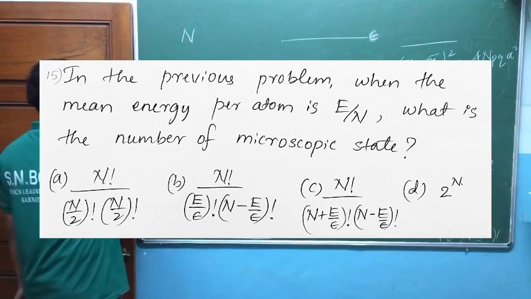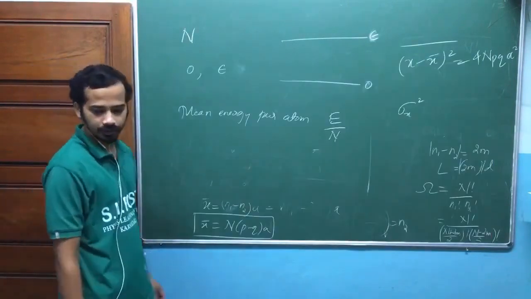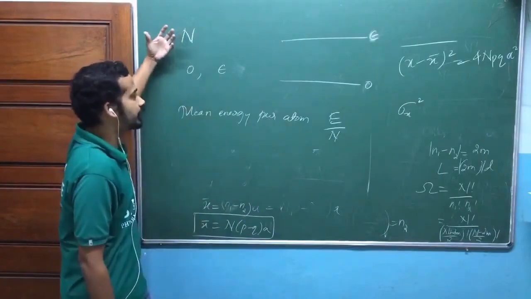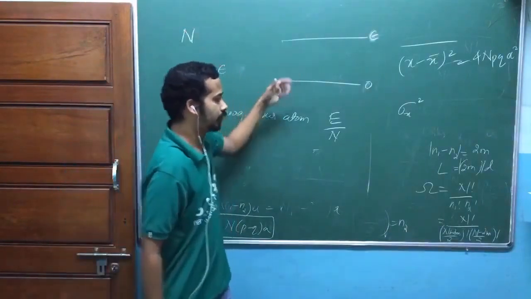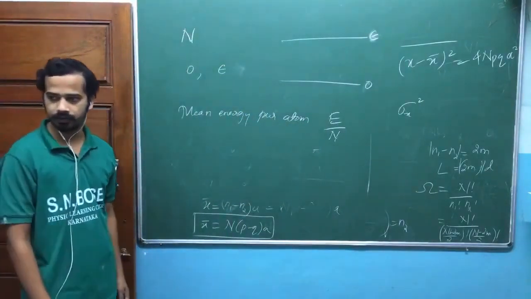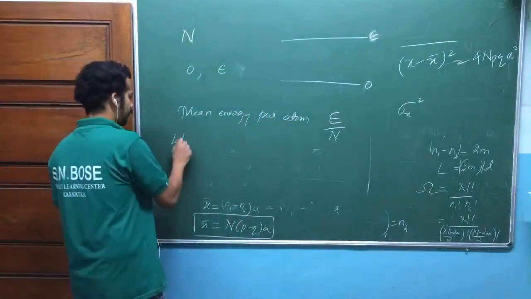What is the number of possible ways of distributing these n atoms into these levels so that you get this mean energy? That is the question.